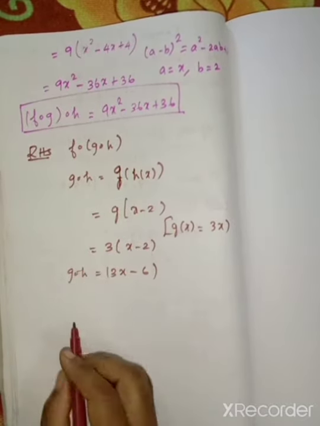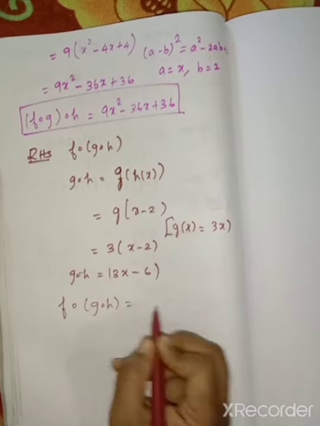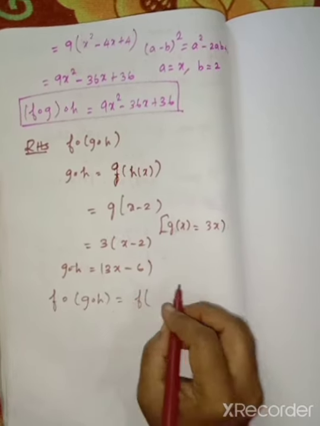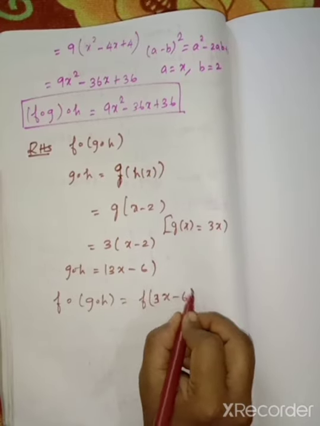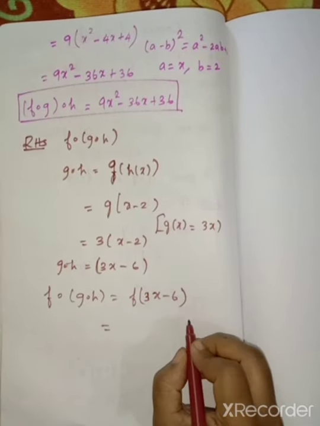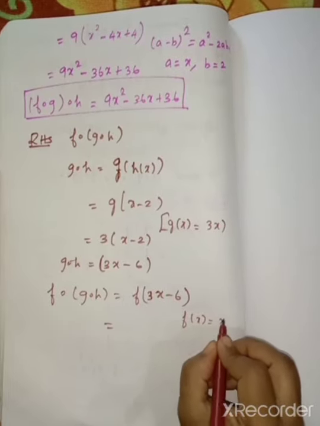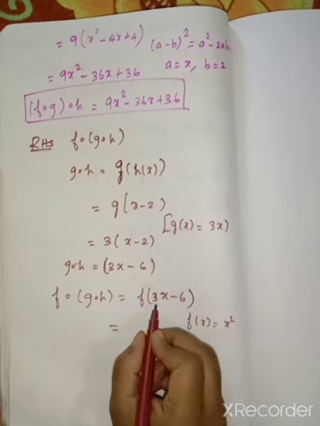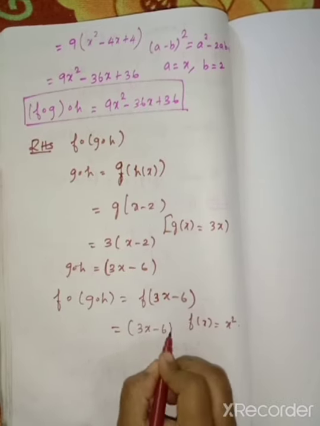Now we want to substitute in this one, f of g of h. So f of g of h means we have that 3x minus 6. Here f is the function. So f of x is given as x squared. So in place of x we want to substitute 3x minus 6 the whole square.